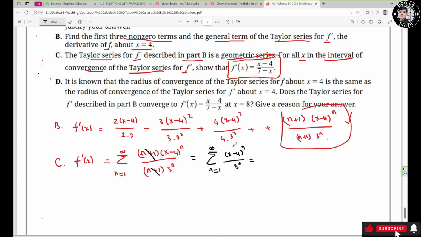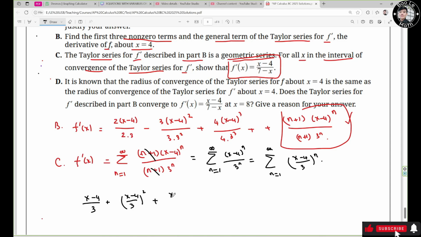Now I can combine these two. So I just write the sum when n goes from 1 to infinity of ((s minus 4) over 3) raised to the n. Now if n equals 1, I have (s minus 4) over 3, plus n equals 2, we have ((s minus 4) over 3) squared.